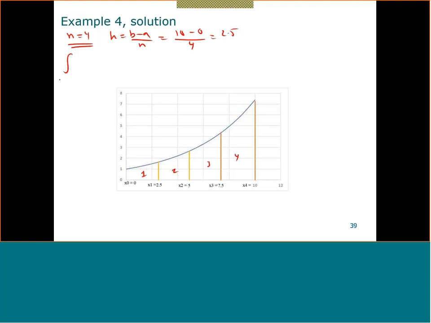And now my integration from a to b, and now I will use the more general formula. The one that we used in the previous slide is an exceptional case when n is equal to 2.